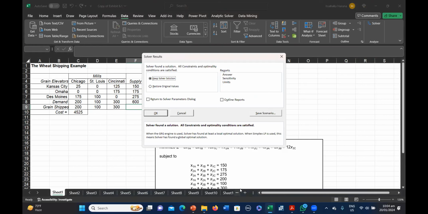All right, so once you are here, if you want to solve it, you can choose the answer report and then the sensitivity report.